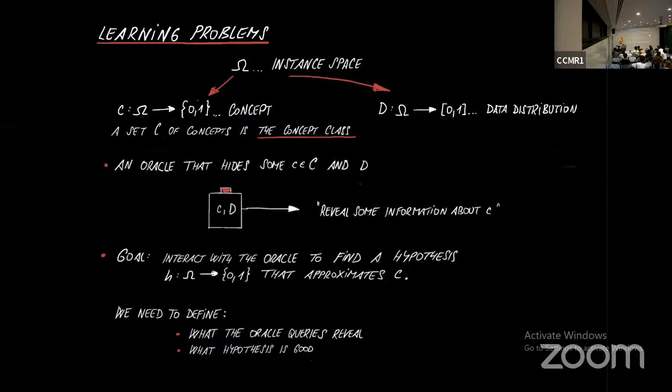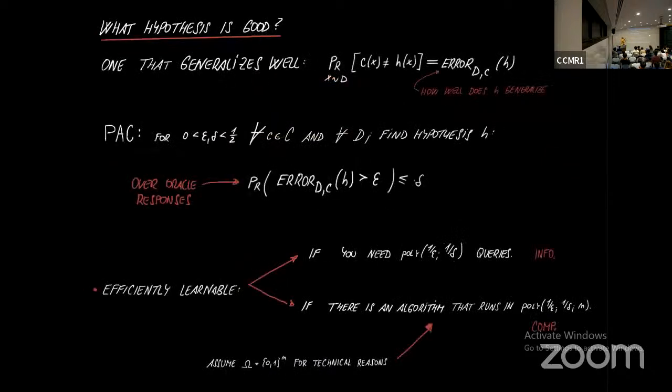In order to reason about this mathematically, you still need to define a couple of things. One of the first things is what the responses to the oracle queries actually reveal to you, and what counts as a good hypothesis. Let me start with the second thing. What hypothesis is good? Generally, it's the hypothesis that generalizes well. What hypothesis generalizes well? It's the hypothesis that is as close as it can be to the target concept.